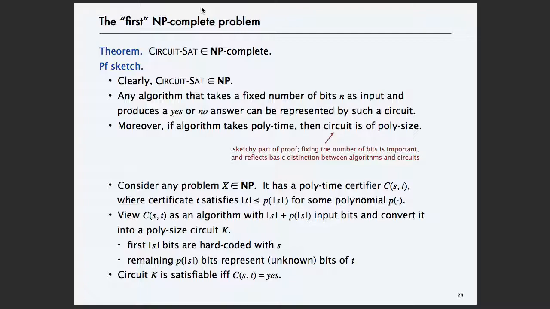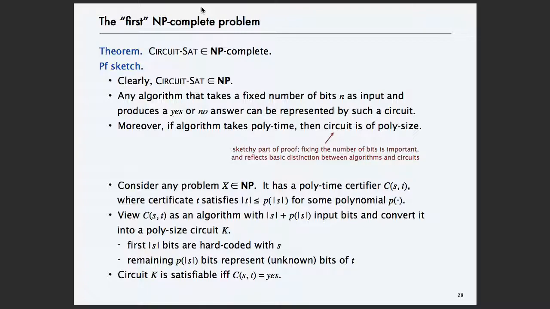So if the algorithm takes polynomial time, the circuit's of polynomial size, and so any problem in NP has a polynomial time certifier. That's the definition of NP, right?